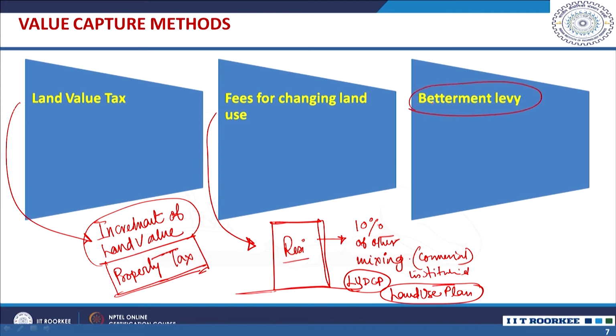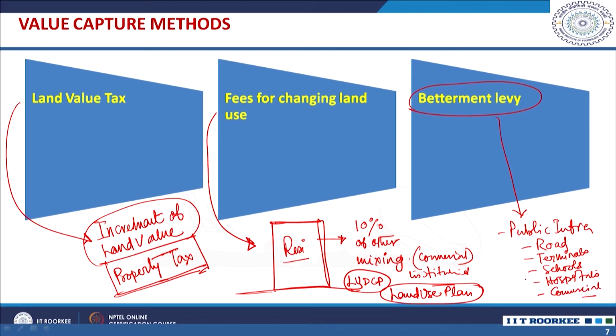The betterment levy is exactly what we discussed as an example in the beginning, that when a government department constructs some public infrastructure, for example it can be a road, terminals, schools, hospitals, etc., or a commercial center or any other, like a petrol pump, any public amenities or infrastructure.